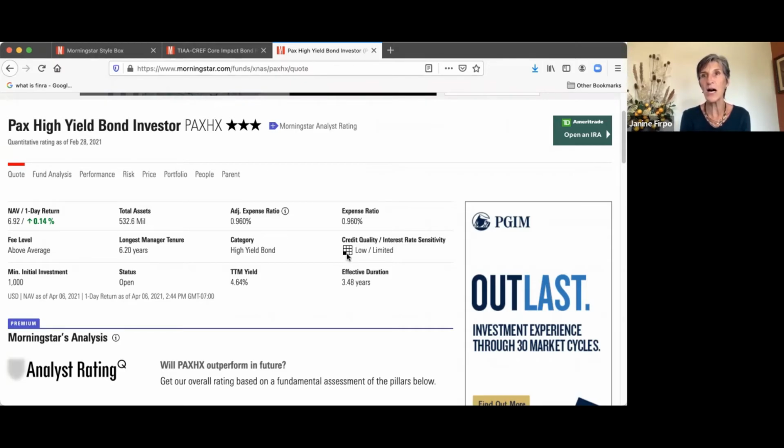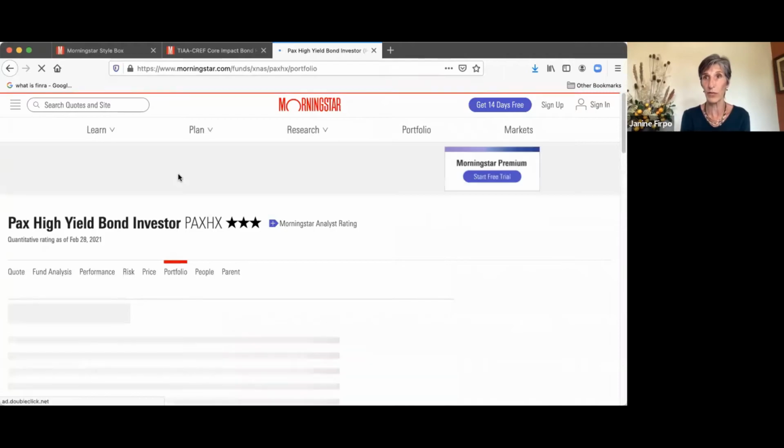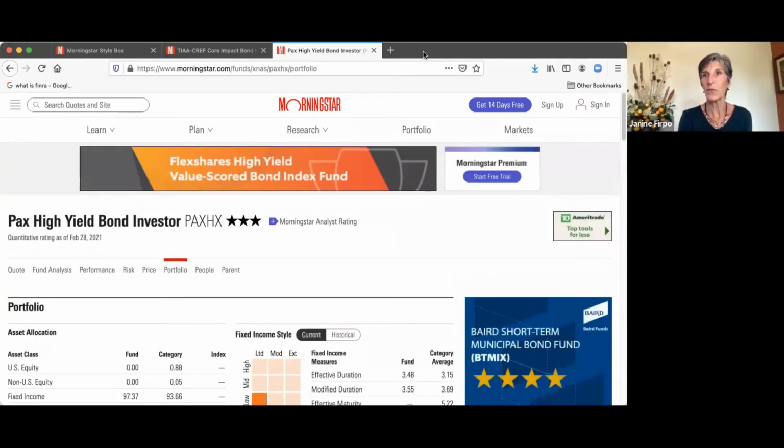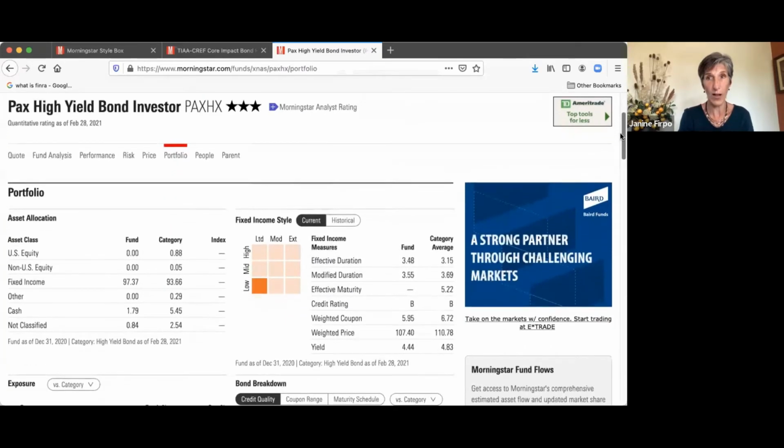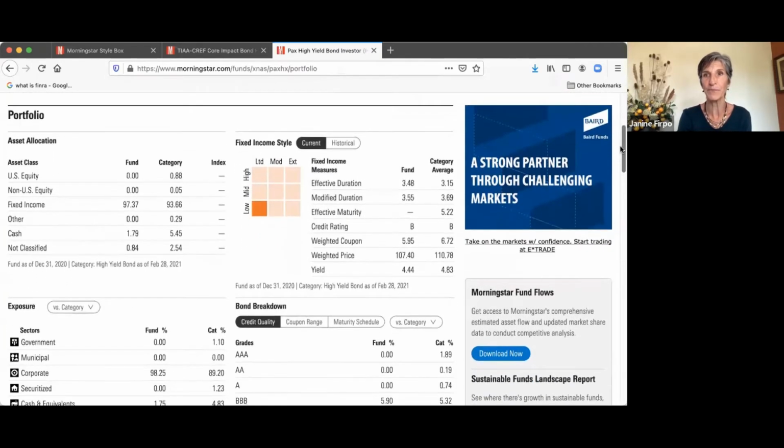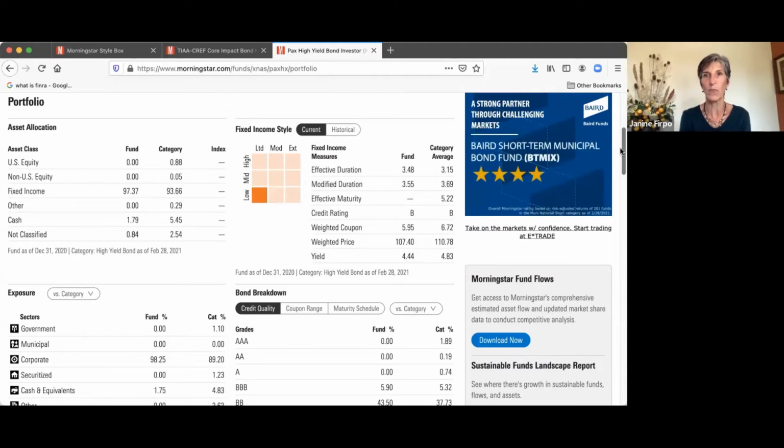So this is a non-investment grade bond, and we can actually see that play out if we go over and look at the portfolio tab. If you had watched the previous basics video, we explained all of what's in this particular tab. If you haven't seen it, you may want to go back and watch that.